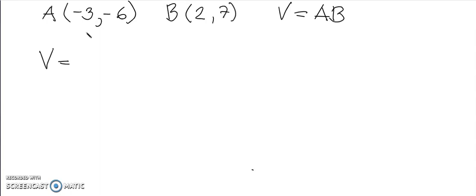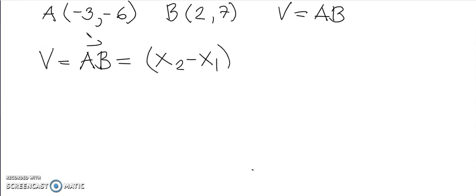So vector AB is equal to x sub 2 minus x sub 1, times i, the component of x, plus y sub 2 minus y sub 1, times j, the component of y.